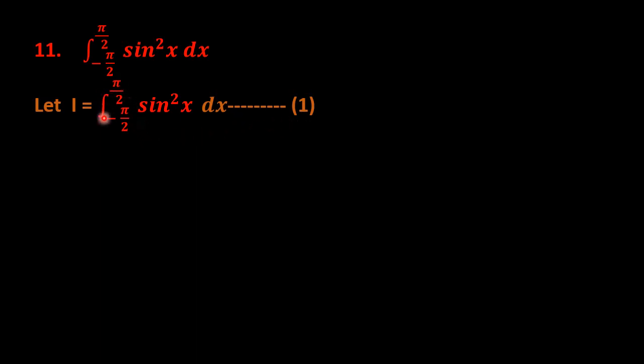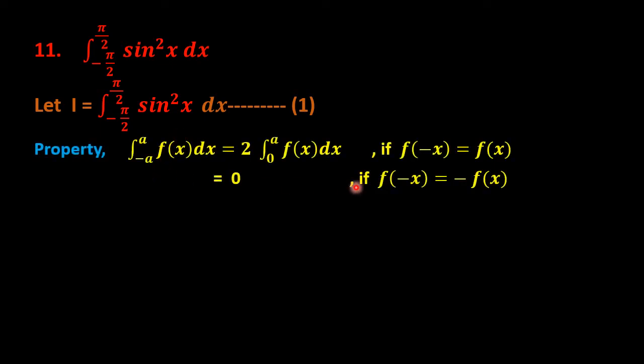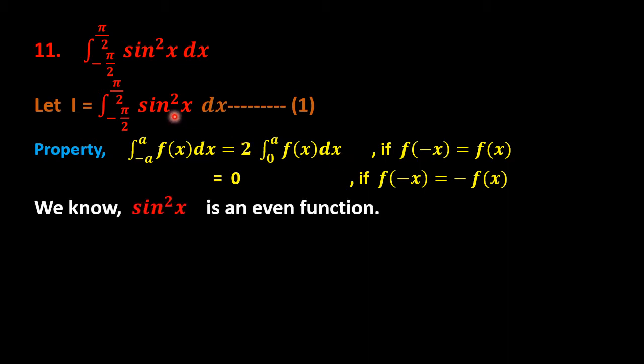From these limits, we can see that property number 7 can be used, and property number 7 is this. If the function, here sin square x, is an odd function, then we directly replace the integral by 0, and if it is an even function, then we replace it by this. Because of the square, if x is replaced by minus x, sin square of minus x will be sin square x, which is an even function.